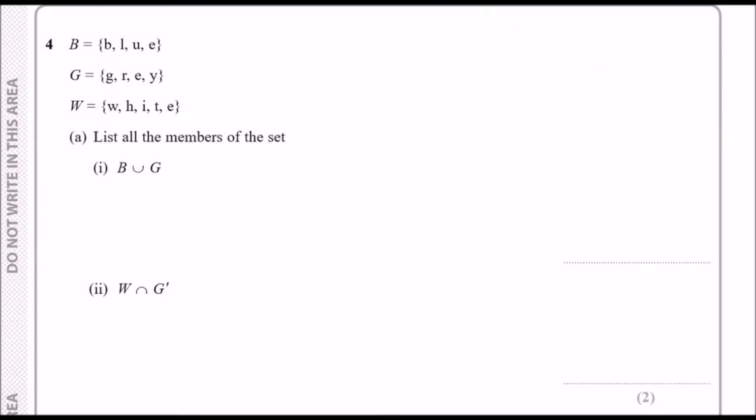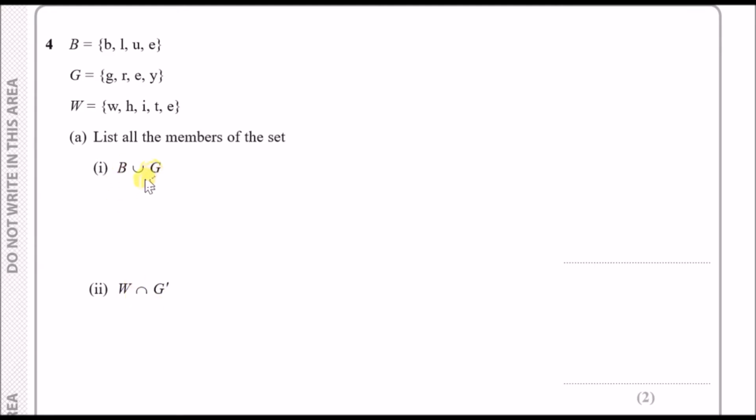Okay, for number 4, we're given 3 different sets here. So we've got B for blues, and they use the letters BLUE. G is grey, GREY, and W is white, WHITE. Now, this question wants us to list all the members of the set where B unites with G. So this is a union sign, and this little bridge end sign is an intersection, so what they have in common.